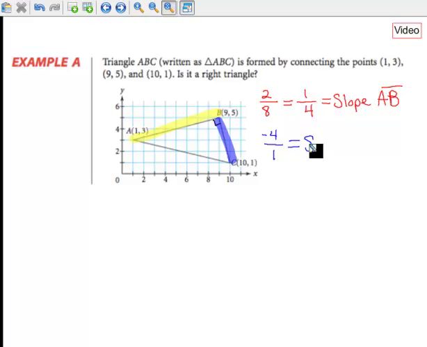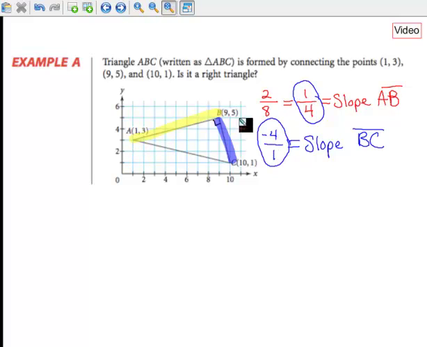And that would be the slope of line segment BC. Notice that those slopes, 1/4 and -4/1, are negative reciprocals. So we flipped the fraction, 1/4 became 4/1, and our signs are opposite.